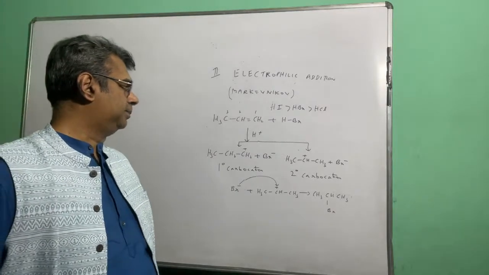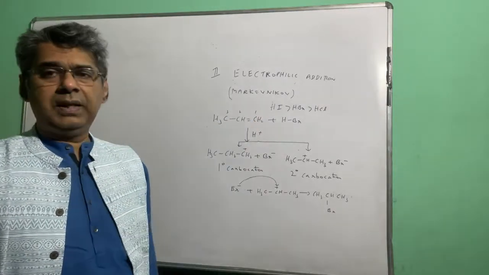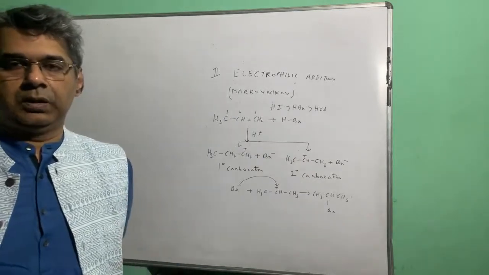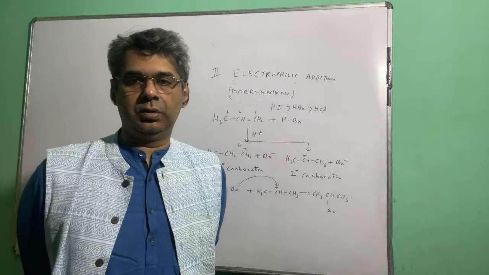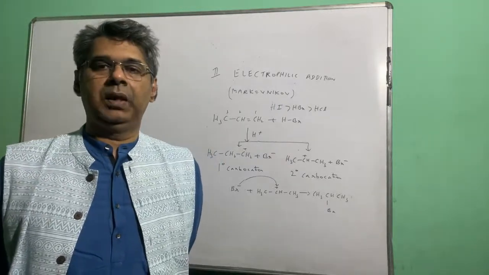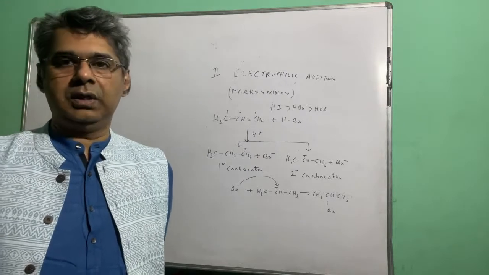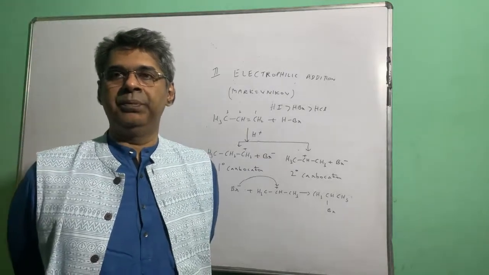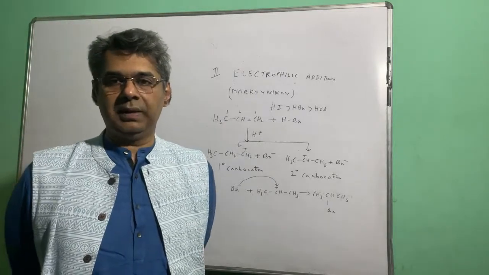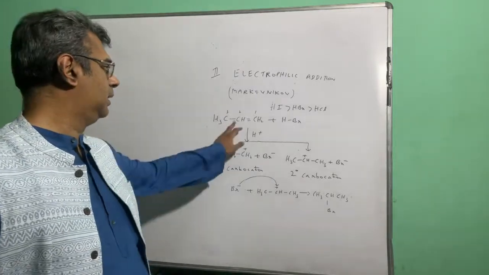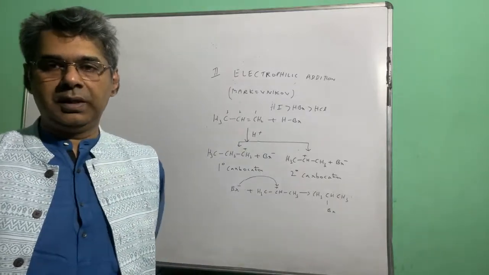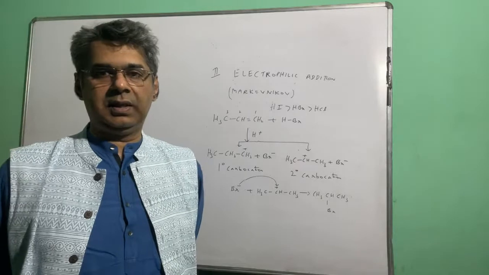Another thing is this electrophilic addition mechanism is also called Markovnikov rule. So what exactly is the rule? This scientist Markovnikov made a statement that when an unsymmetrical alkene is attacked by a reagent, the negative part of the reagent goes to the carbon with lesser hydrogens.